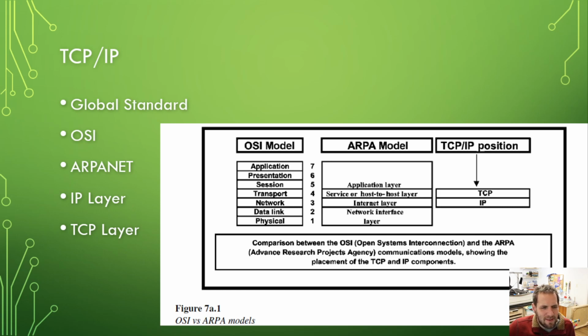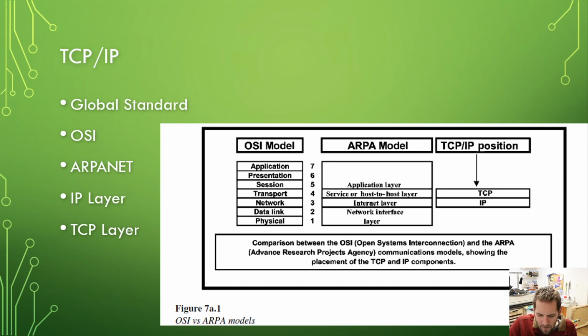It is the de facto global standard for the internet, basically the network and host-to-host transport layer implementation of internetwork applications, because of the popularity of the internet. So when you are using your computer trying to access the internet, you are using TCP/IP. There's no other way around it.